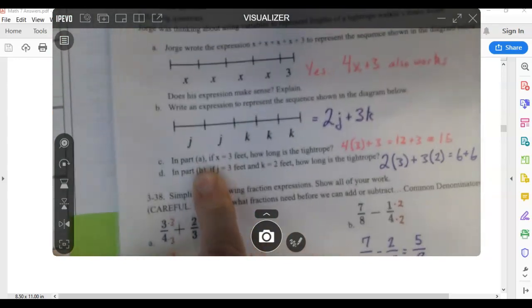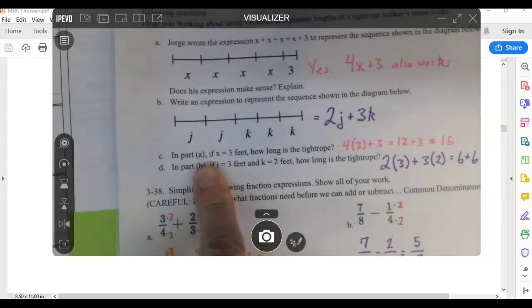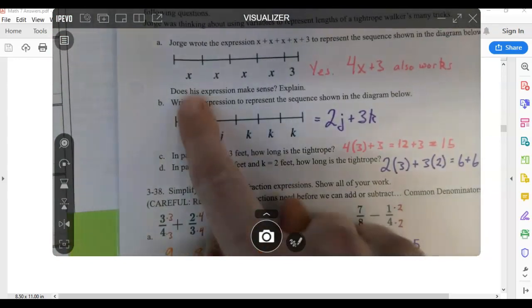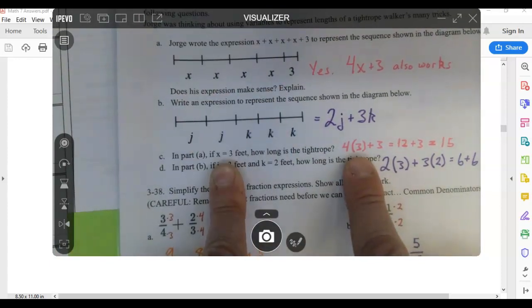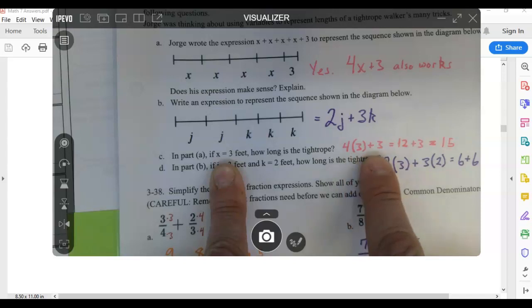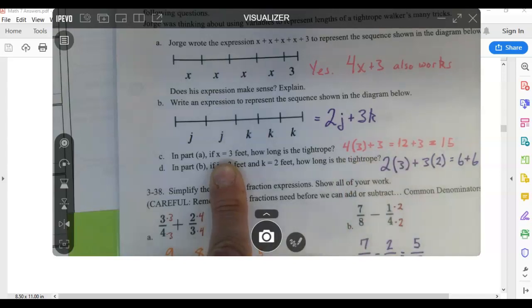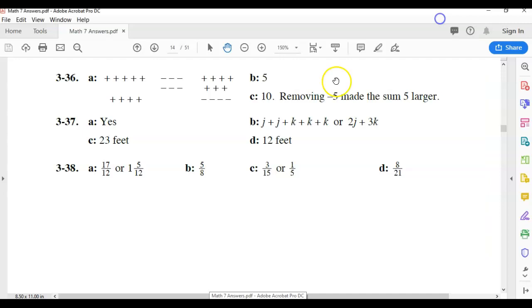If from part A, we then make x equal to 3, so from part A up here, 4 jumps of 3, that'll be 12 plus 3 more, so I got 15. Is that what you got too? Yeah, but it says 23. Yeah, so they're wrong. There you go. There's one of those cases where they goofed it up. That or I made some sort of mistake, but I'll go back and double check.